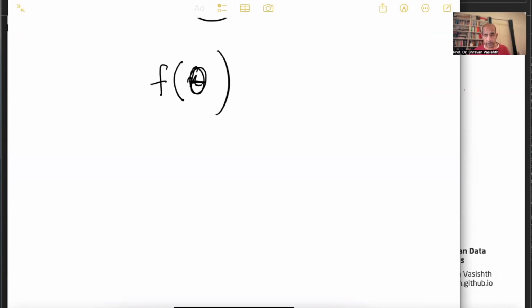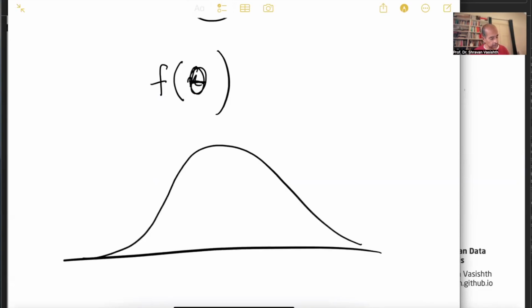Now, we know that the purpose of the normalizing constant is to ensure that the area under the curve in this probability density function has to sum to 1. So what does that mean mathematically? It means that the integral of f of theta d theta, right? There has to be some constant k such that this equation equals 1, right?